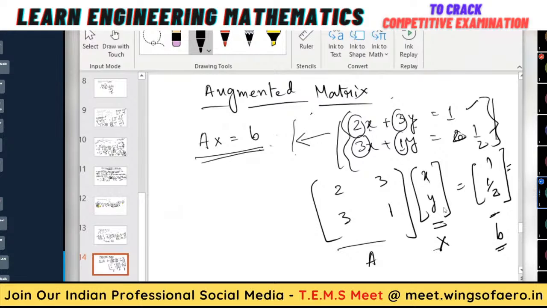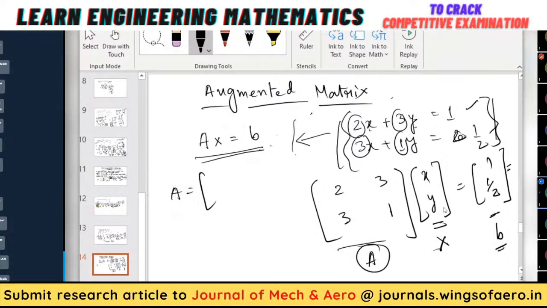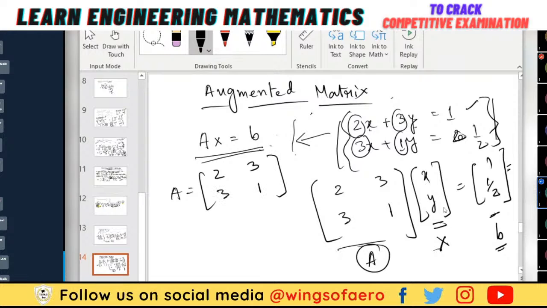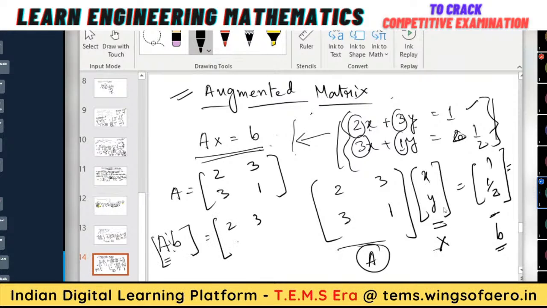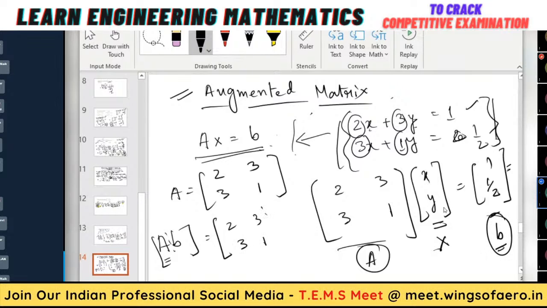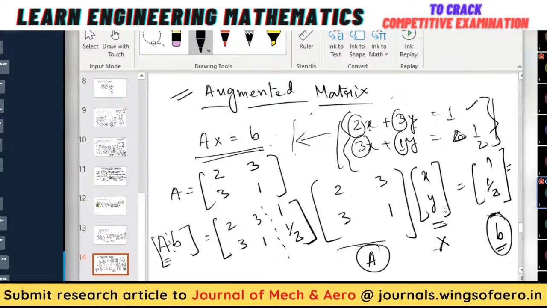There are two kinds of matrices. One is the A matrix, which is equal to 2, 3, 3, 1. Another matrix is called the augmented matrix, which is the AB matrix. That is, first write down the A matrix 2, 3, 3, 1, and then write down the B matrix, that is 1, 1/2.